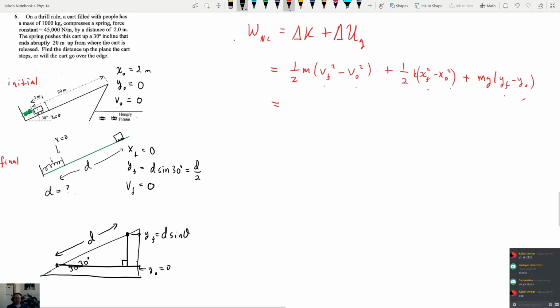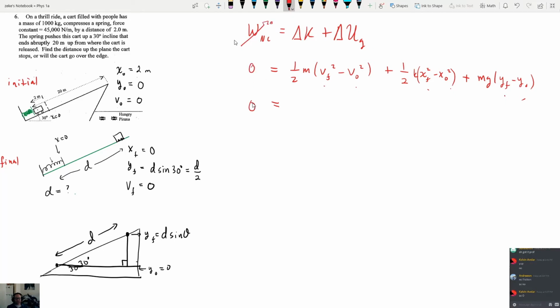All right, what's the work done by non-conservative forces in this problem? Are any of the forces acting non-conservative? Nope, no friction, there's no drag, nothing like that. So that's 0.